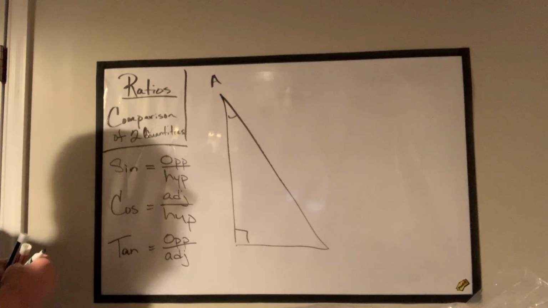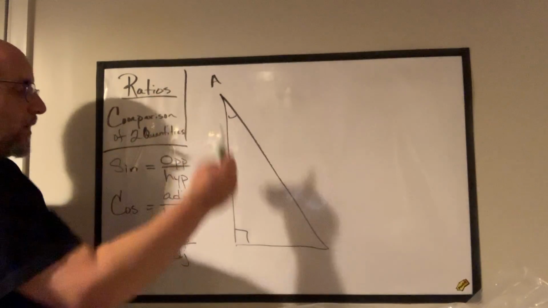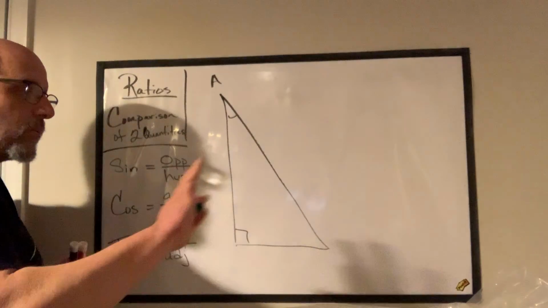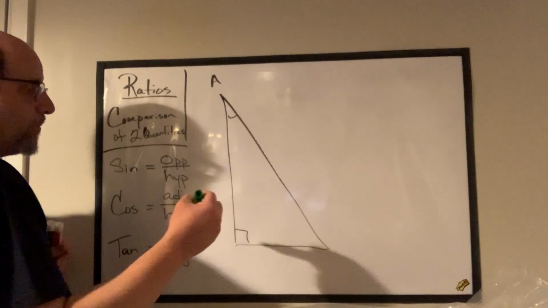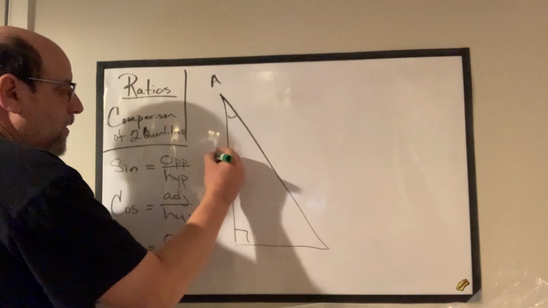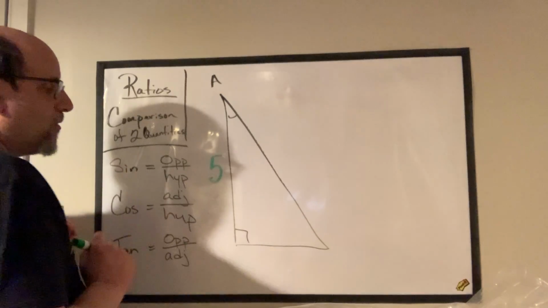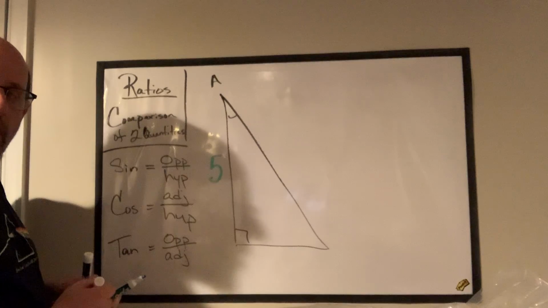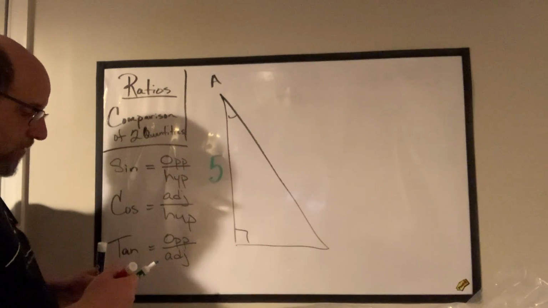So right now I'm just going to talk about this angle here. We know that this is the right angle, and this will be another angle that we'll deal with later. I want to use this idea. We'll call this side length 5 units. We don't care how big those units are. We just care about that being 5.